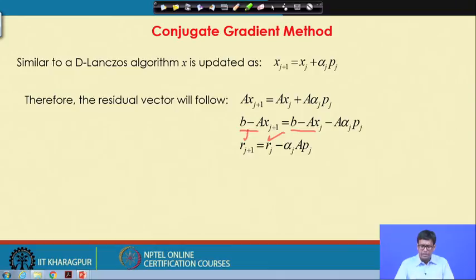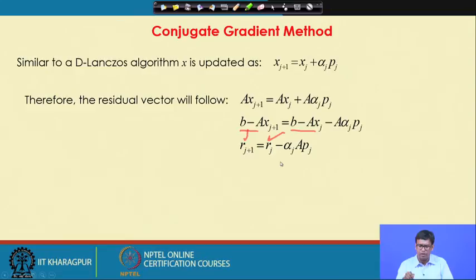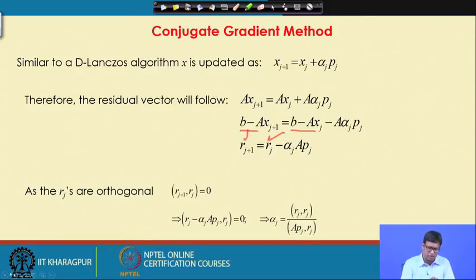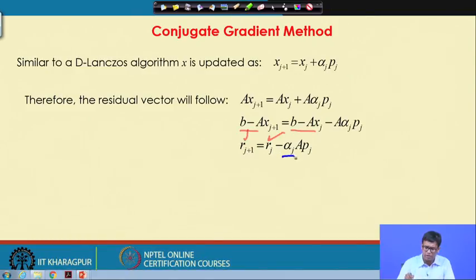So if I take a dot product with rj on both sides, rj transpose r(j+1) will be 0, and we can get alpha j using the values of rj and pj. So if I know the residual and the auxiliary vector at any jth level, I can find out the coefficient alpha through which x will be modified at that level.